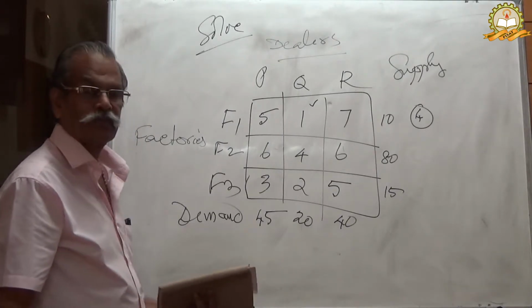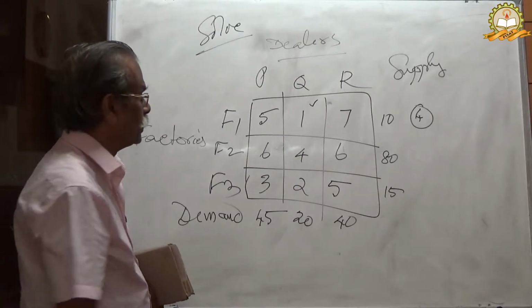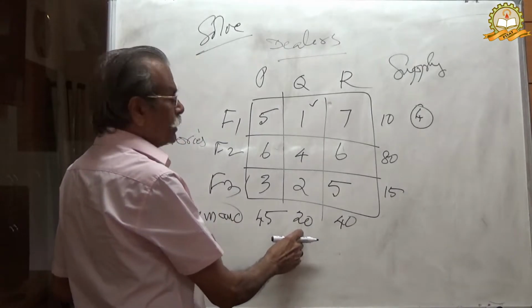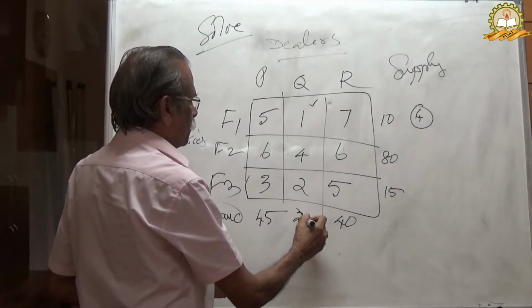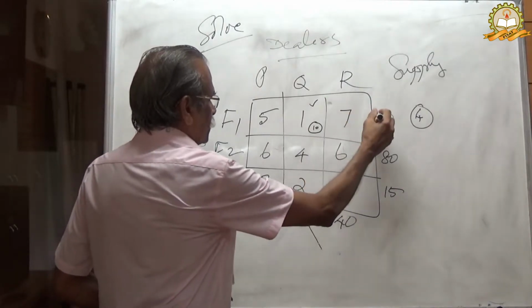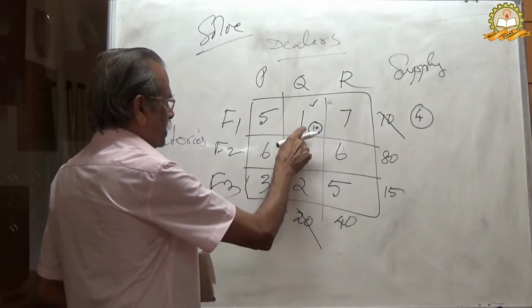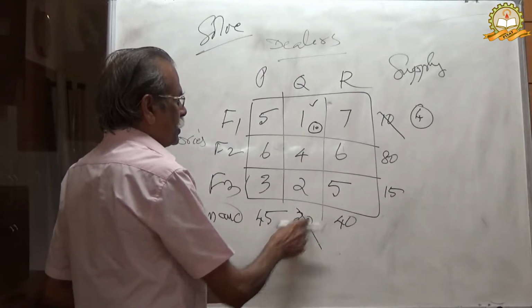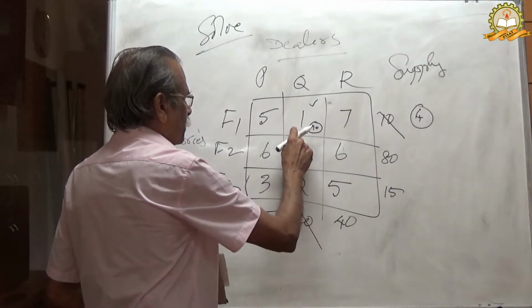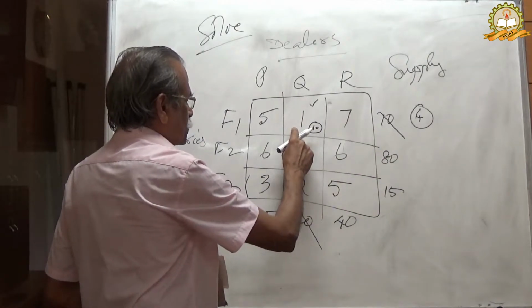Allocating: here your supply is 10 and demand is 20. Therefore, you can give partial supply. Here you can write 10. Demand is 20 and supply possible from F1 is 10, which can be given here. Therefore, 10 is supplied here.